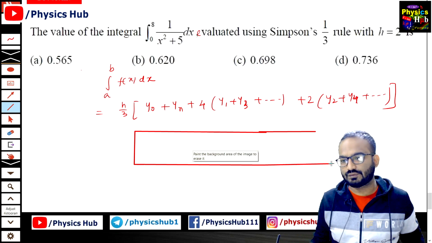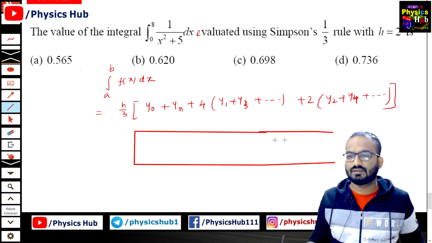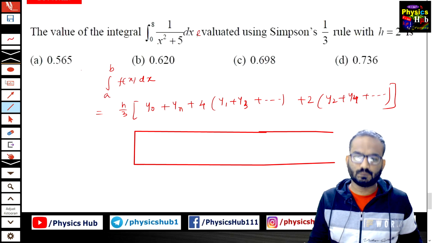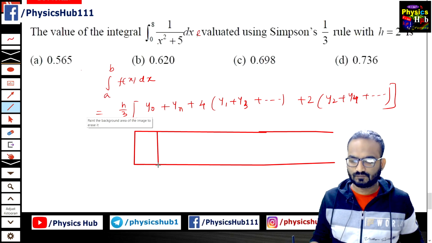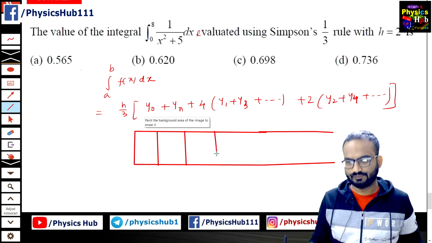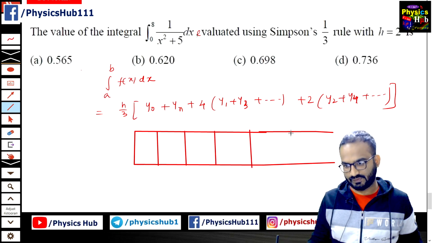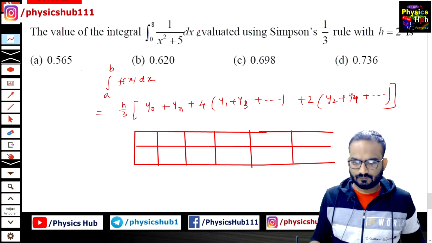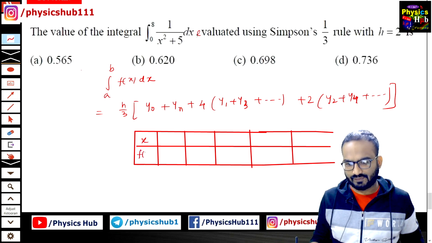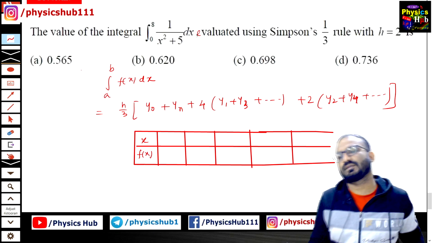The value is to be evaluated with an interval h equals to 2. So you will get something like this. This is x and f of x. F of x is equals to 1 by x square plus 5.